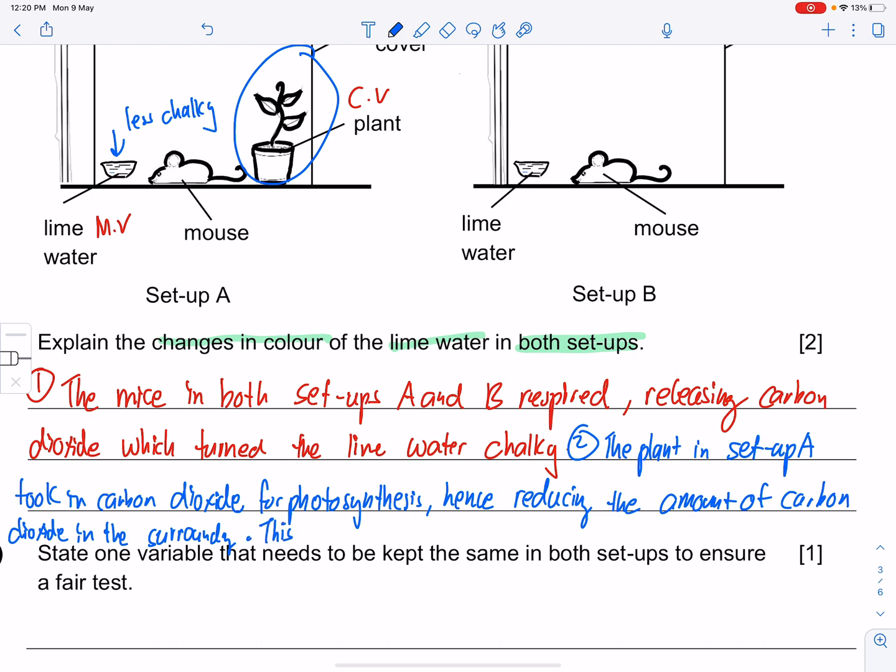This causes the lime water in setup A to be less chalky than setup B.